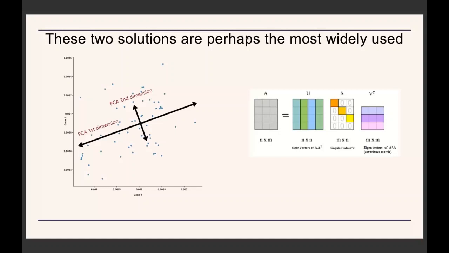SVD is nothing but a different form of PCA. But one thing is for sure: the first matrix and the second matrix are symmetrical with each other.